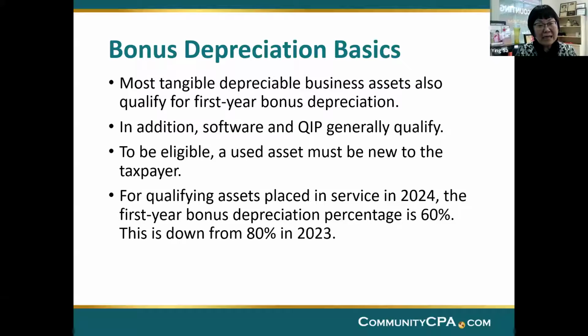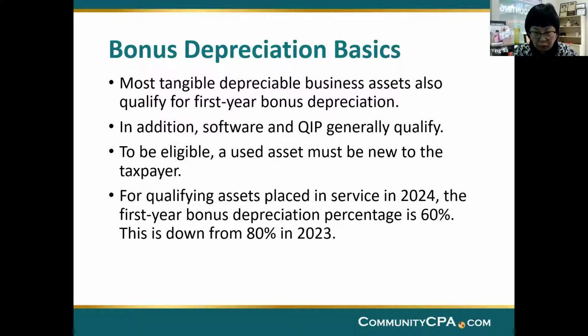Now, that is something I want to draw your attention to. In 2023, right now, we are dealing with 2023. In 2023, you have only 80% of that 500,000 that can be deducted as a bonus depreciation because they lowered it from 100% to 80%.